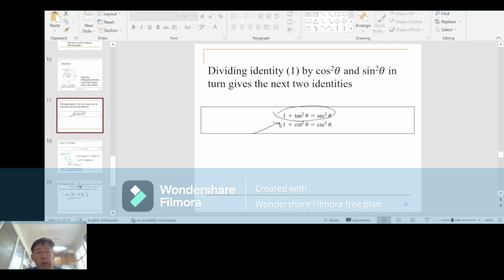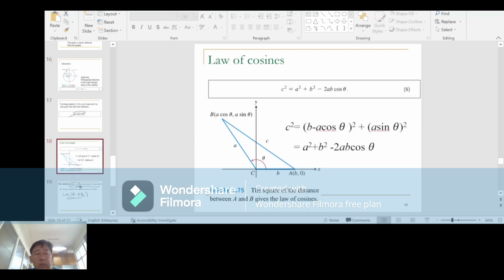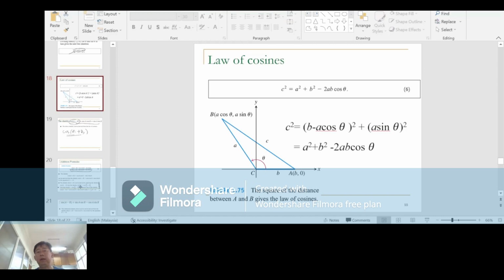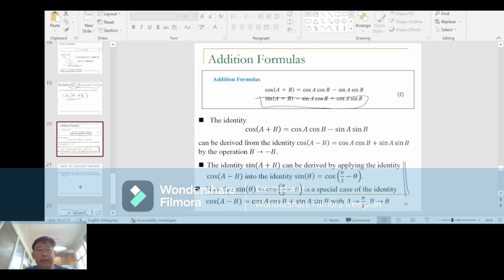Once you obtain this one, then you can derive the other two identities involving tangent square and cotangent square by dividing the first identity by cos square or sine square. Then we explained the derivation of the cosine rule, which is the application of the Pythagoras theorem onto this triangle. Then based on the law of cosine and sine, we derive the other identities.